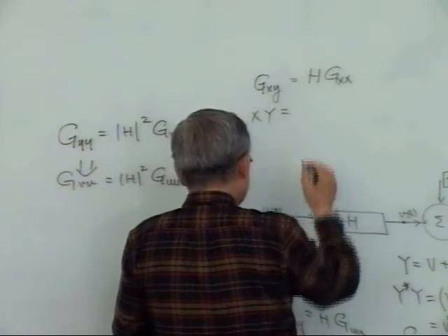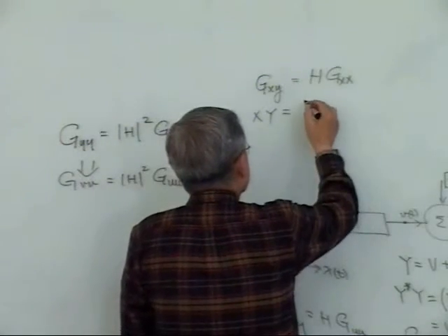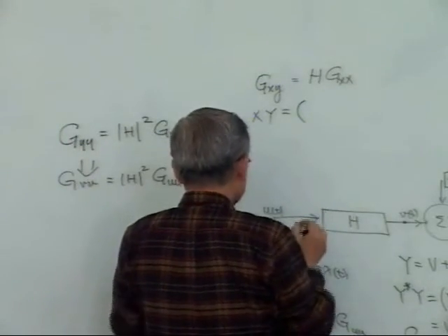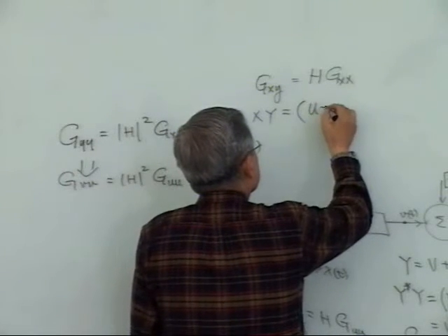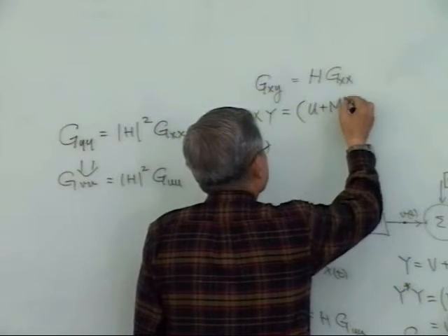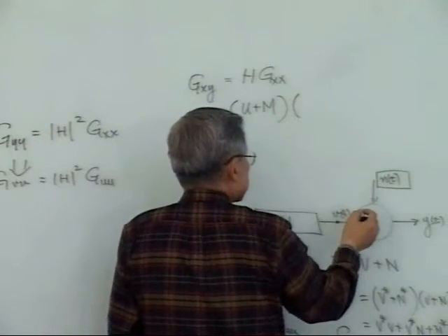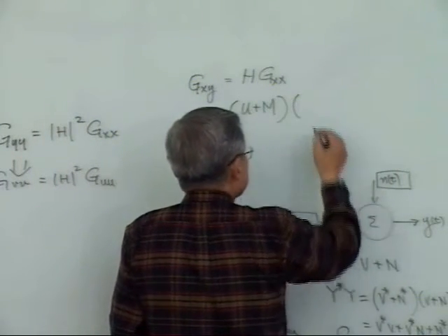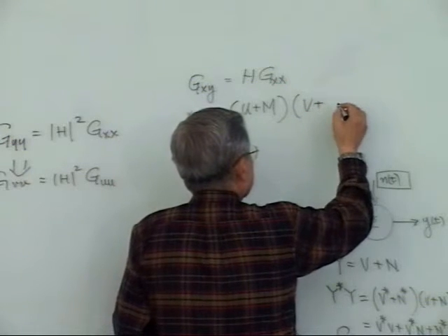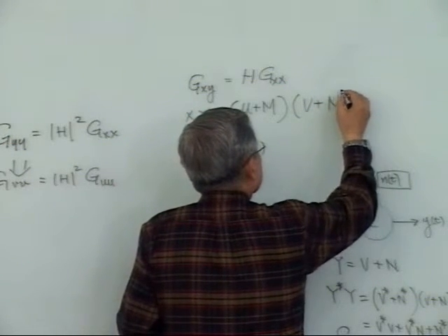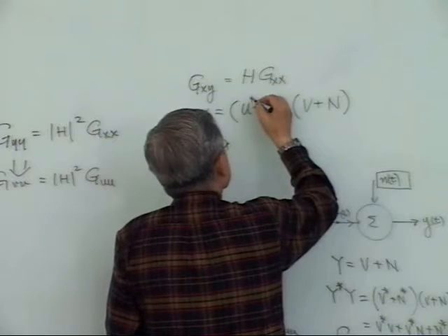And X here is U plus M. Y here is V plus N. So this is a star.